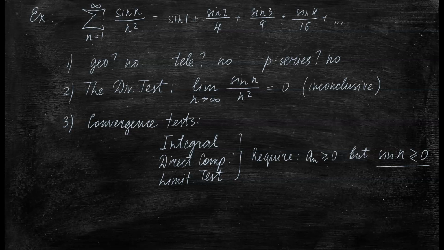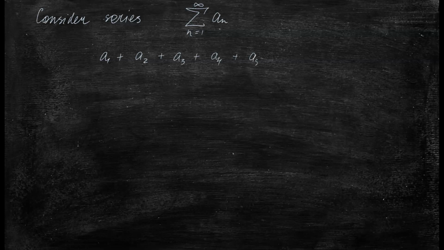And being inspired by this problem, we're going to introduce a new concept. And to start, let's consider just a regular series in which every term is positive, and then this series can be written like this. So we just keep adding terms over and over.